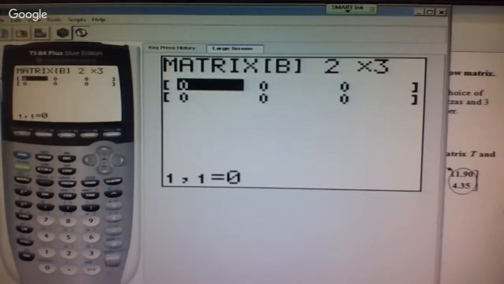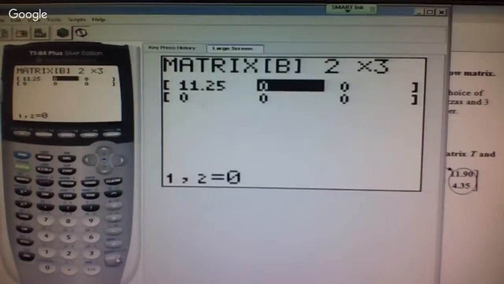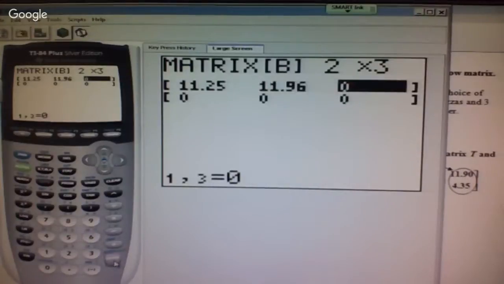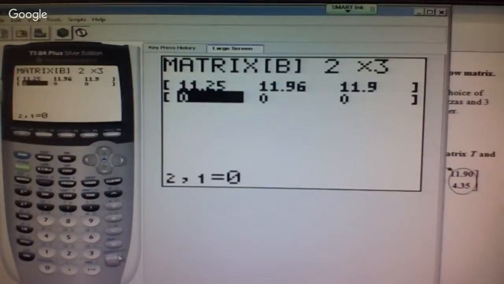Our first number in the first row is 11.25, enter. Notice it automatically jumps to the middle. That middle number is 11.96. Enter. 2.90. Enter. 3.69.